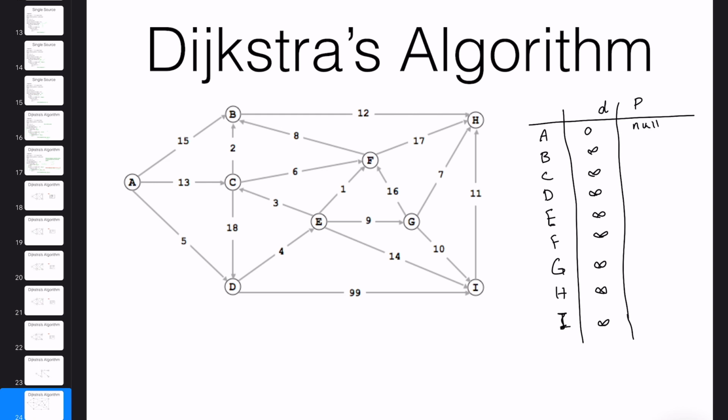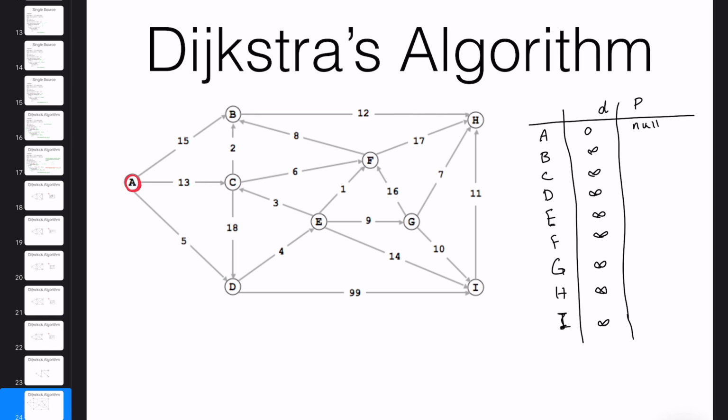And let's just mark the nodes that we visited. You create a priority queue and you put all the items inside your priority queue, okay? And you remove the item with the minimum distance from your priority queue.